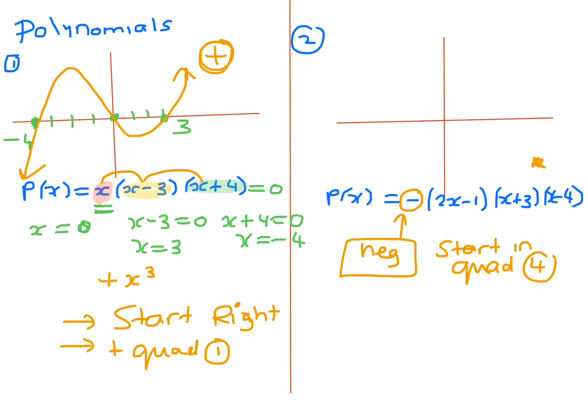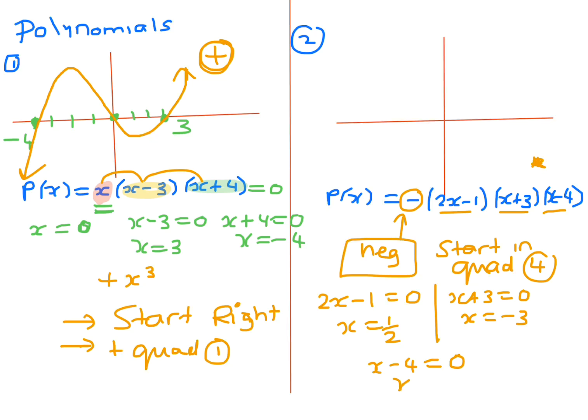Okay, now we need to get the zeros. Right, so if we make 2x minus 1 equal 0, you get x is 1 over 2, or a half. X plus 3 is 0, so x is minus 3. And x minus 4 is 0, so x equals 4.